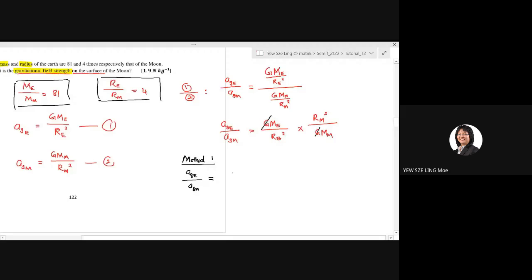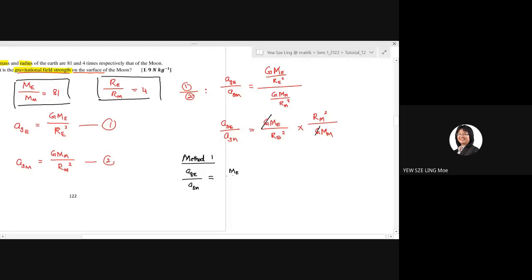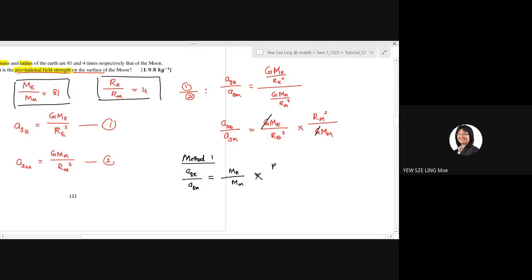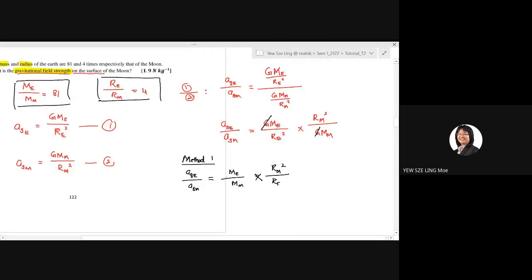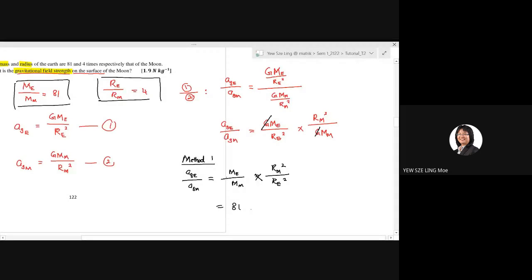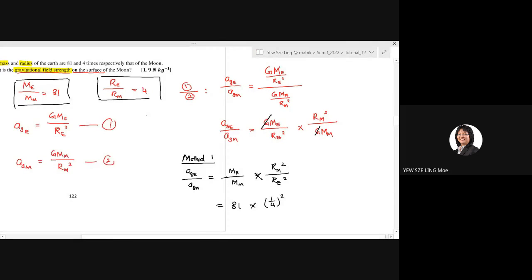So ME divided by MM times RM squared divided by RE squared, which is then equal to 81 times 1 over 4 squared. Because given RE over RM and now we have RM over RE, it becomes 1 over 4.